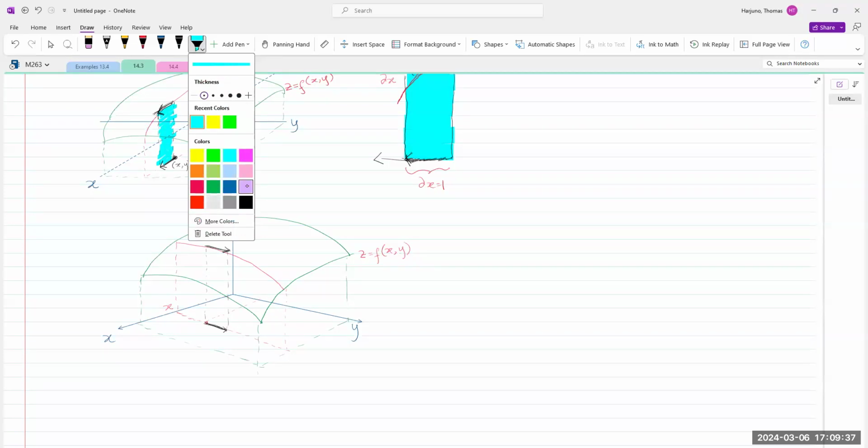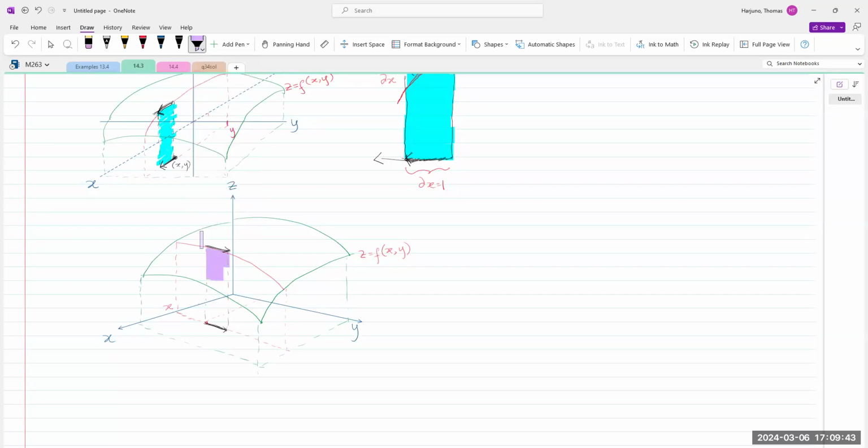Let me use maybe this color, get larger. Pictorially, if I do the cross section on the right hand side here, let's say the graph looks like this, right? But then I want to observe that at that point I go 1 unit in the positive y direction.